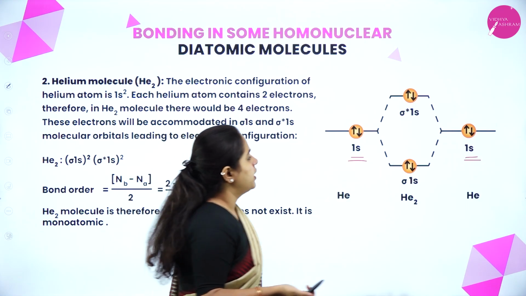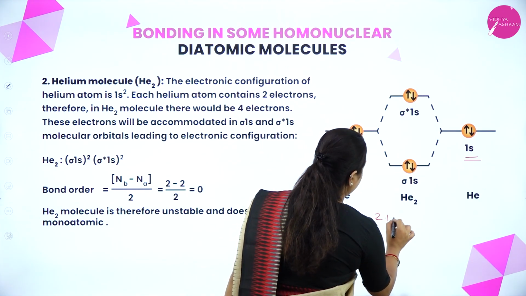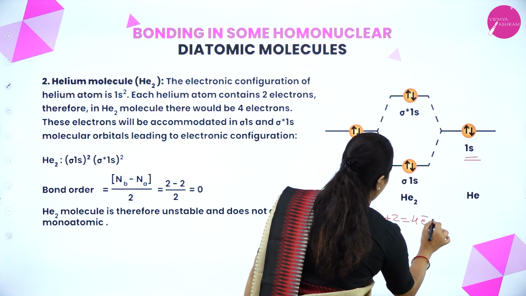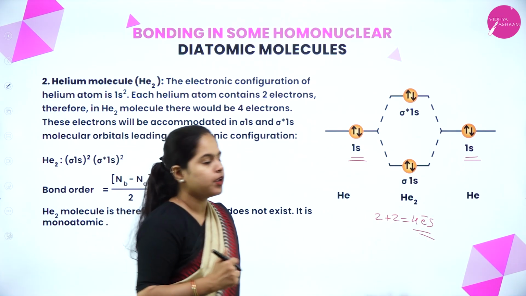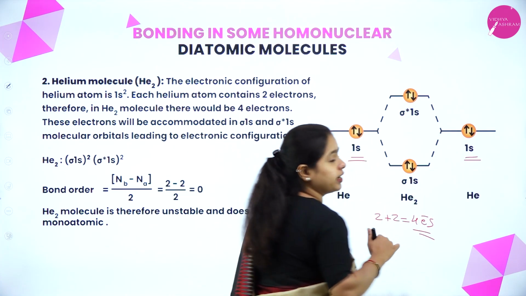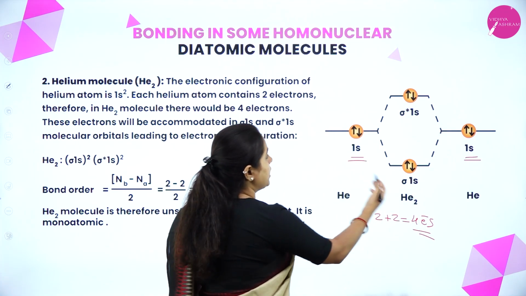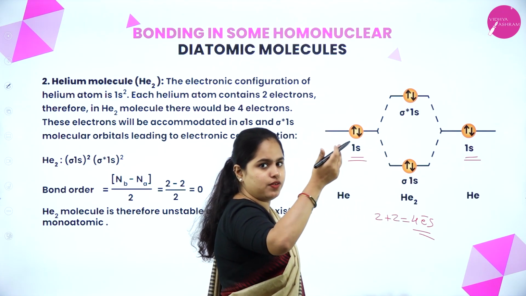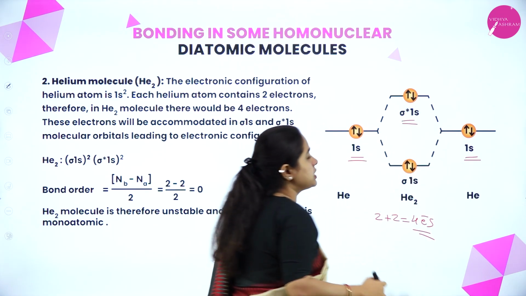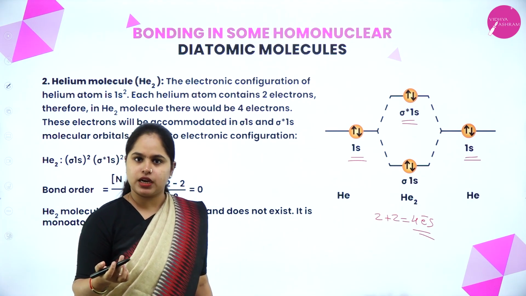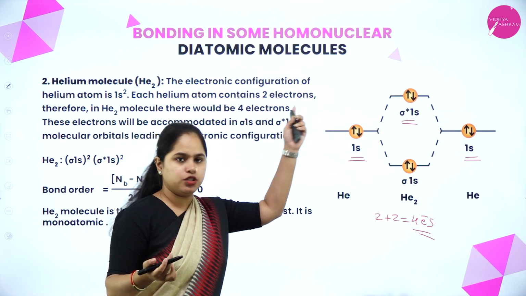A total of 2 plus 2, 4 electrons are present in the He2 molecule. So 2 electrons first get filled in the sigma 1s orbital and then it moves to the higher energy one, the anti-bonding molecular orbital, and fills the sigma star 1s orbital also. So 2 in here and 2 in there.